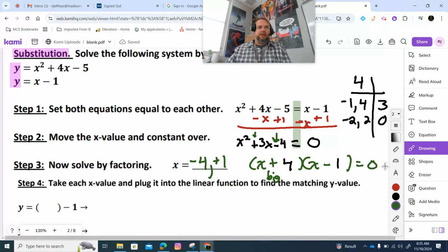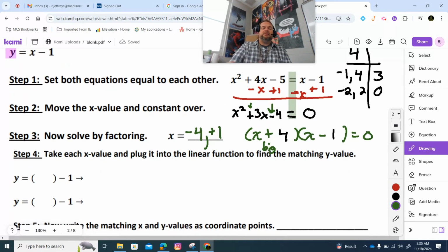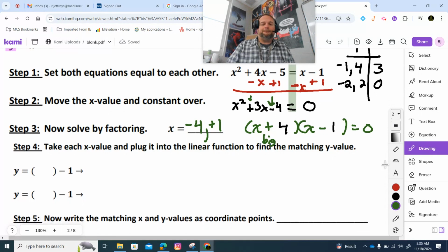Y'all got that part. We moved the x value and the constant over. We did it at the same time because you can do them one at a time. I just don't like doing that. That's just too much fluff. I'm made of fluff. I don't like math fluff. Then we factor, things of that nature.